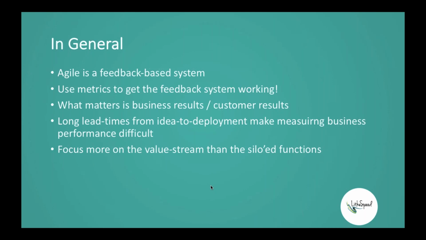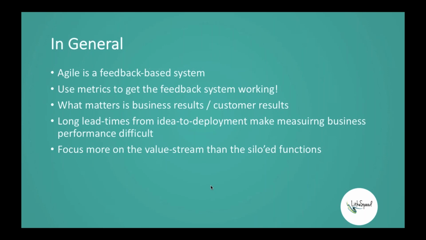And so in order for this feedback system to work, we need to get feedback, we need to get it somewhat quickly. And we need to use those metrics to help us make the real-time decisions that we need in order to pivot towards improved business outcomes, improved customer satisfaction, improved quality, et cetera.